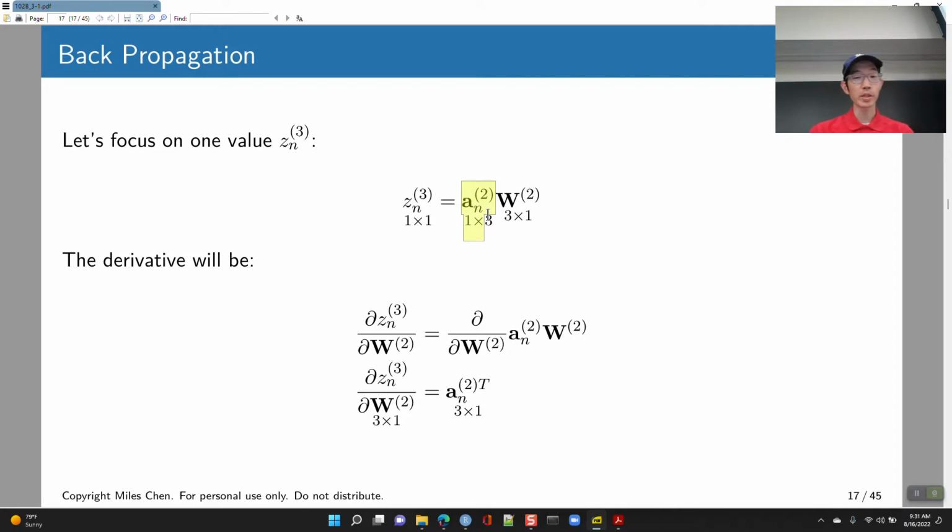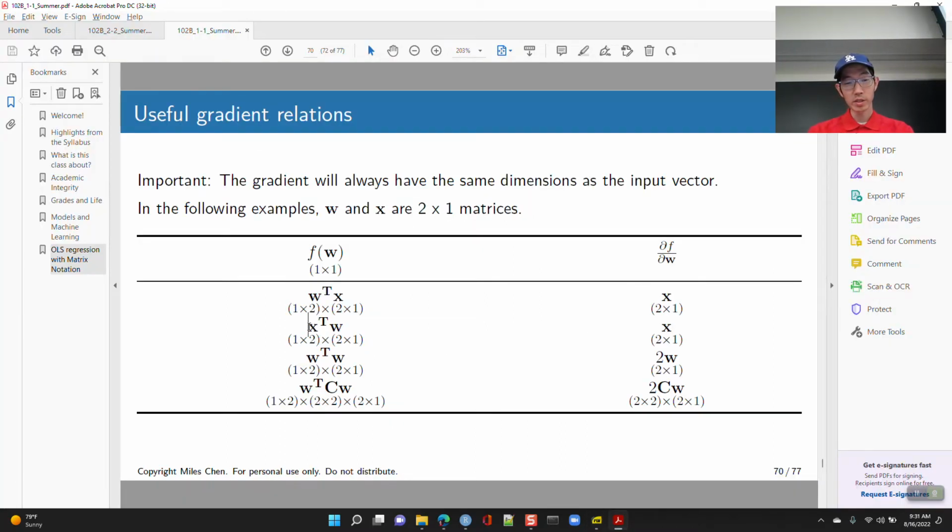Because this is the product of looking at the nth row in A, it's A sub n times W2. And what is the gradient of this with respect to W2? It's going to be A sub n transpose, right? So basically, this is what we're calling A sub n times W. What's the gradient of this with respect to W?